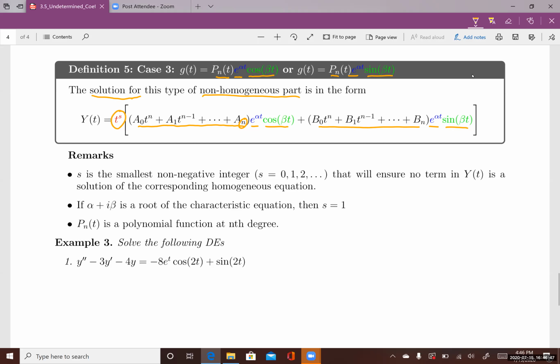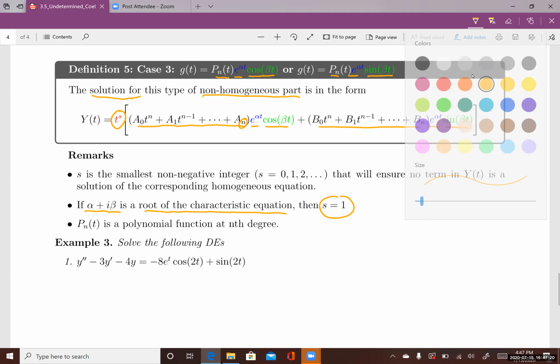Again, in this case, you will determine the value of s, and the maximum value of s is just 1. And s will be equal to 1 if alpha plus or minus i beta is a root of the characteristic equation. Again, where do you find alpha?